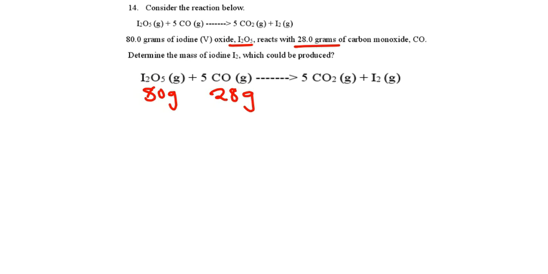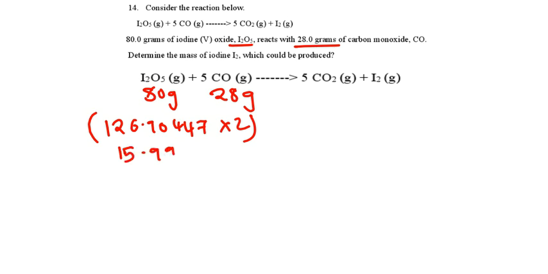What is the molar mass of iodine pentoxide? Iodine is about 126.904 times 2, plus oxygen, 15.9994 times 5.